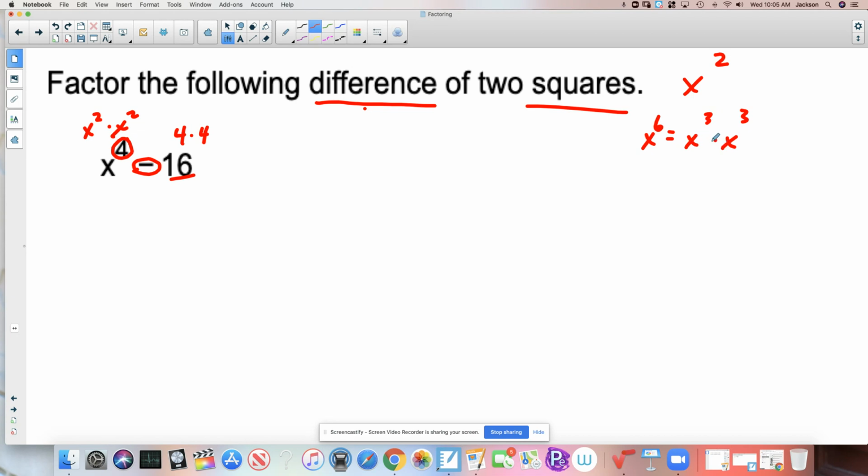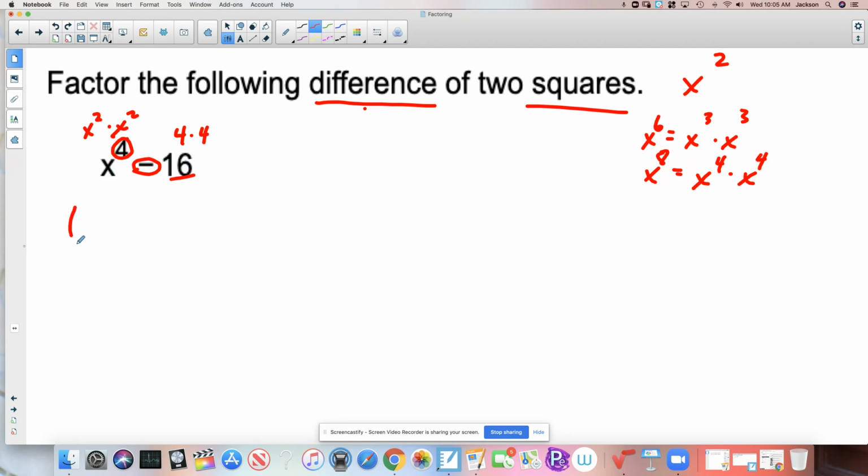So x cubed times x cubed is x to the sixth, because 3 plus 3 is 6. Anytime we have an even exponent, that is a perfect square, okay? We're always going to be able to cut that number in half into identical numbers. So in this case, this is a perfect square.